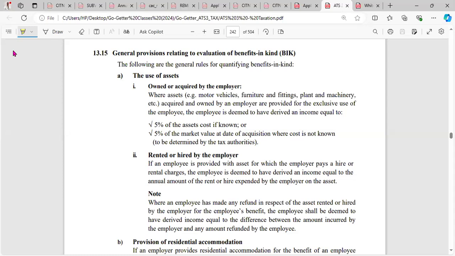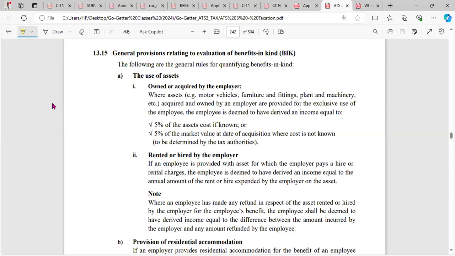Examples include the use of assets. What are some of the use of assets that is valued as benefit in kind? We talk about assets that are owned by the employer, but the employee is the one enjoying it. Take, for example, a company car.